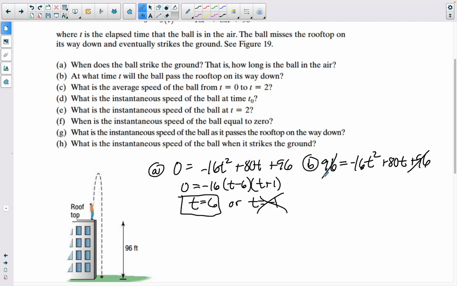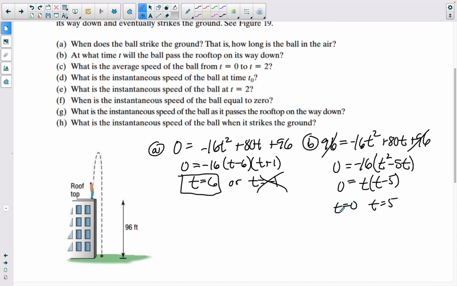Solving this, you get 0 is equal to negative 16t squared minus 5t, and so you'll get the answers t equals 0 and t equals 5. Thinking about this, t equals 0 is when you initially throw it, and t equals 5 is when it's going to pass by again. So t equals 5 seconds is when the ball passes by the rooftop again.